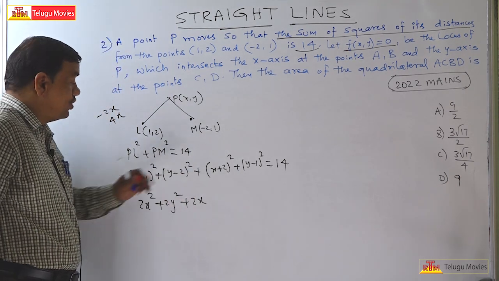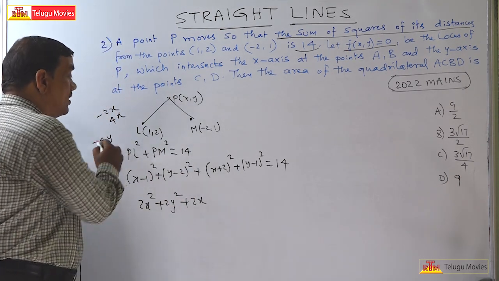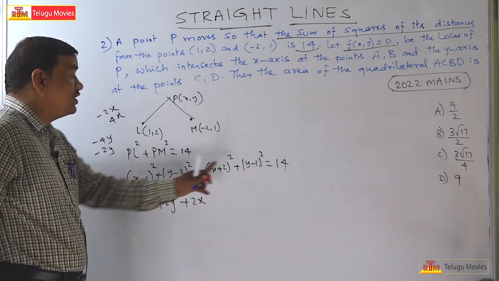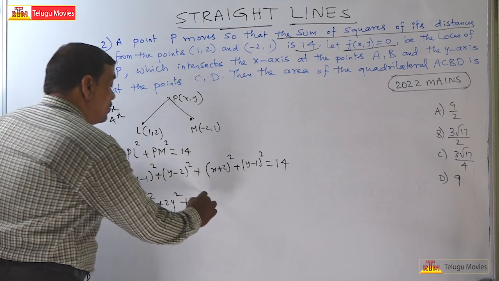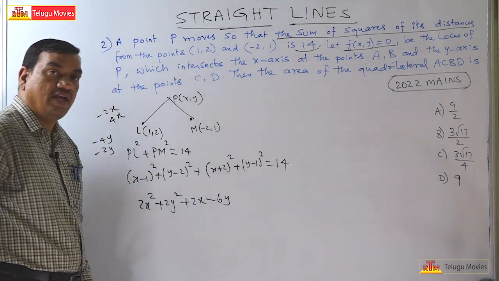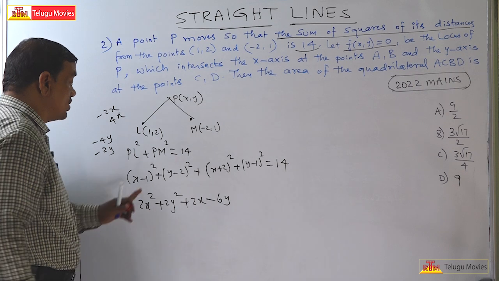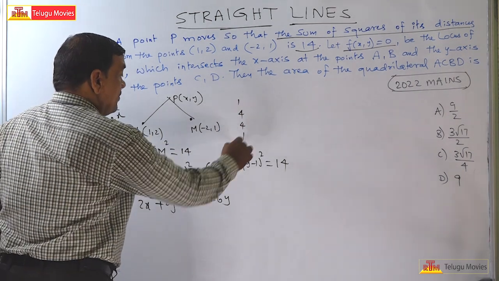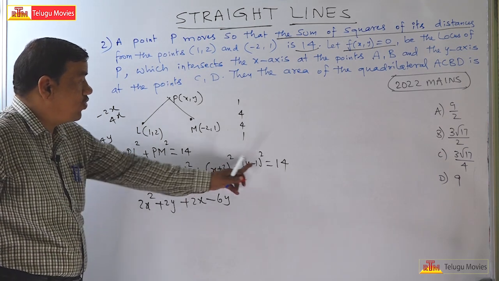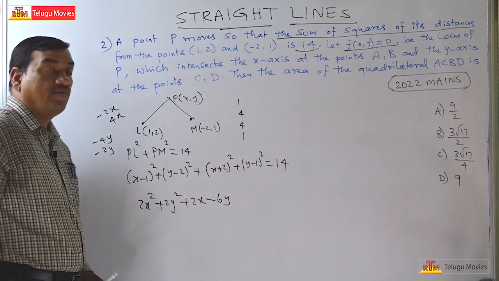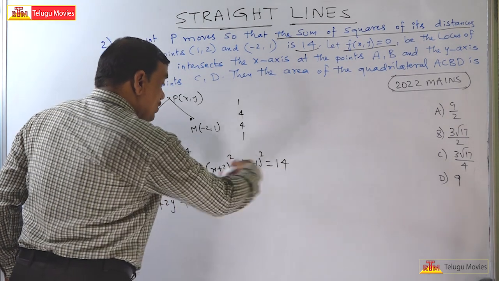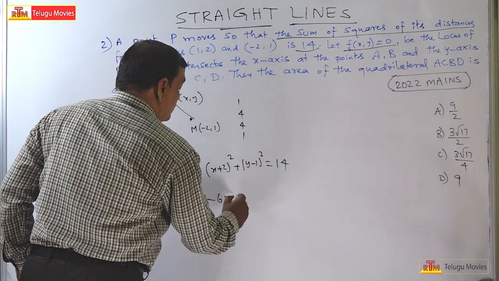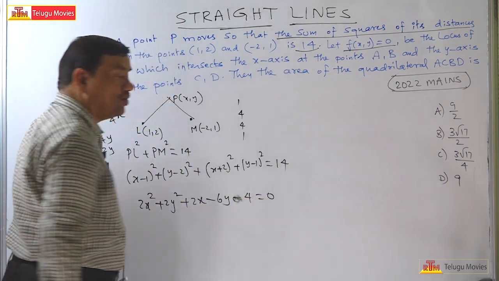Here minus 4y, here minus 2y, altogether minus 6y you will get. Now coming to constants: 1, 4, 4, 1, so 1 plus 4 is 5, 5 plus 5 is 10. If you bring that 14 to this side, 10 minus 14, that is minus 4, is equal to 0.